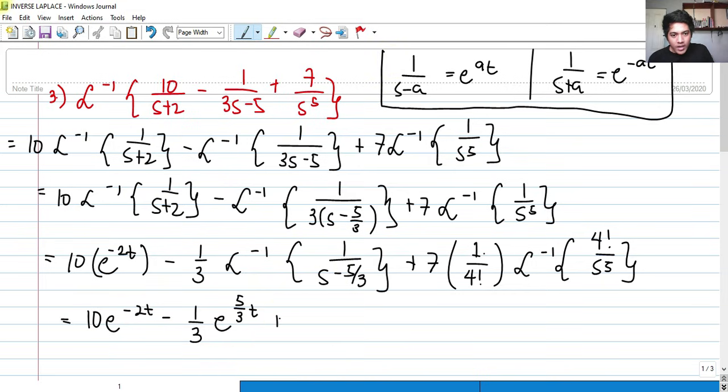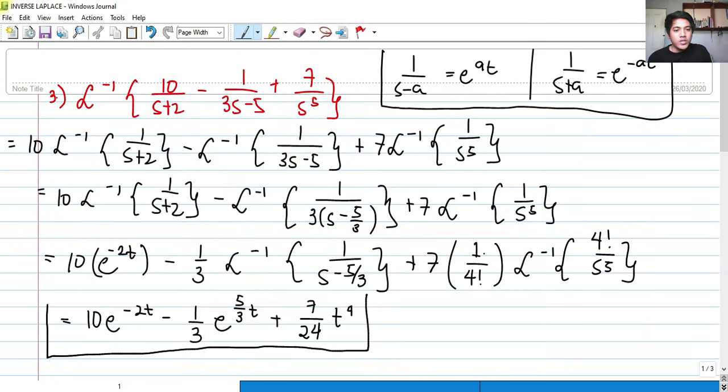Plus 7 over 24, since 4 factorial is 24, and this would be t raised to 4, because we have 4 factorial over s raised to 4 plus 1, which is s raised to 5. So we have the inverse Laplace as the following. Again, what we did is to apply some basic concepts of the Laplace transform and inverse Laplace.